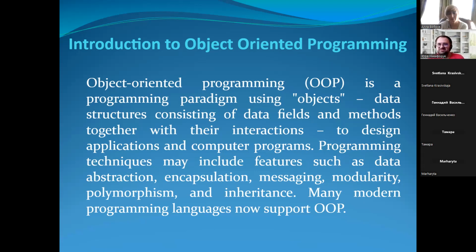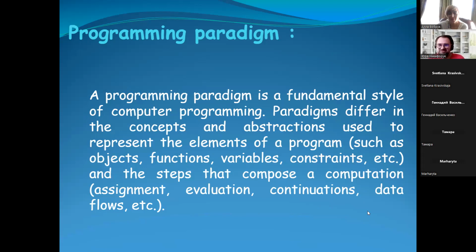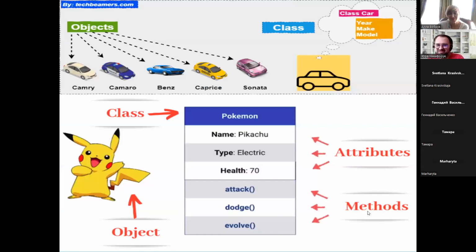Please go to the next slide, because for me it's interesting to see the picture. The text is a little boring for me, and yeah, thank you. As you can see, let's look at 2 examples here. First with a car, and second with Pokemons. About car, we can create a class with some properties, I mean, fields and methods.